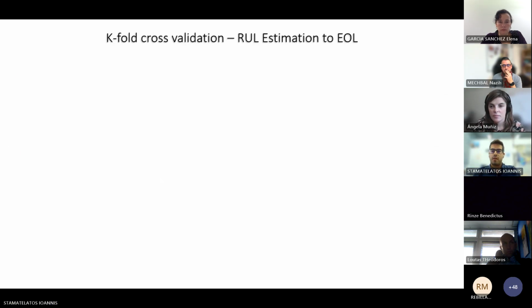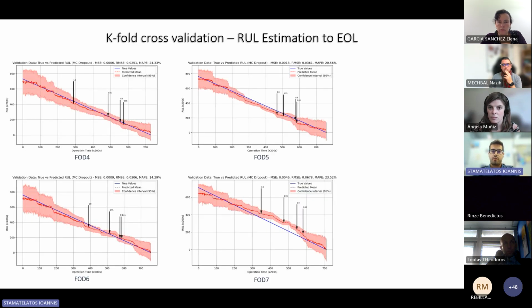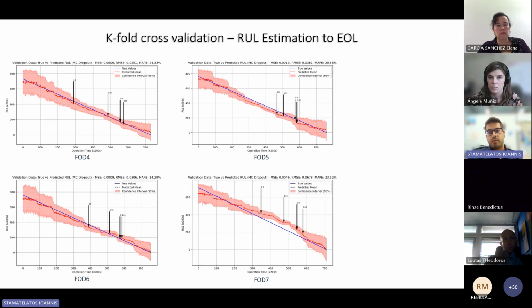Okay. And then we did some training for prognostics, predicting the estimation of the remaining useful life of these panels. As you can see, the remaining useful life prediction is also very good.